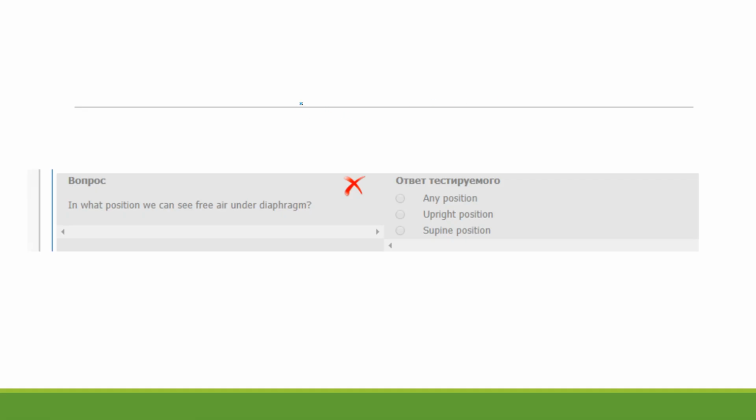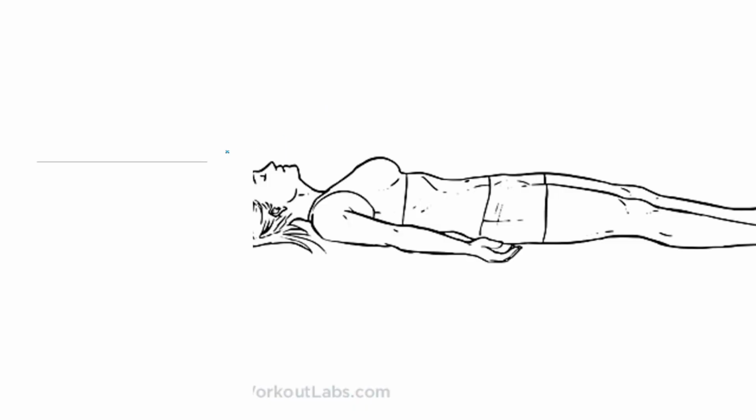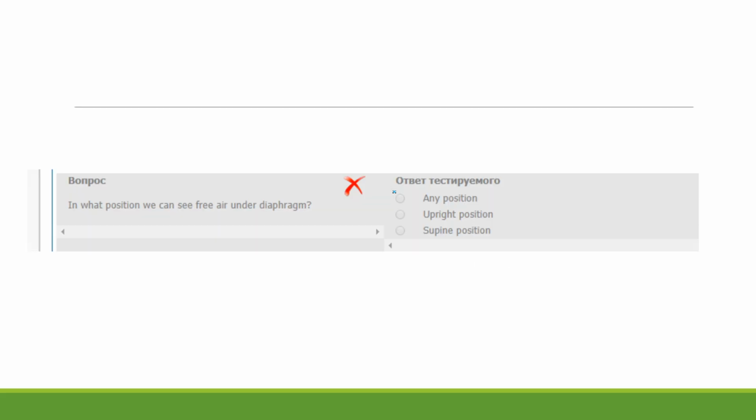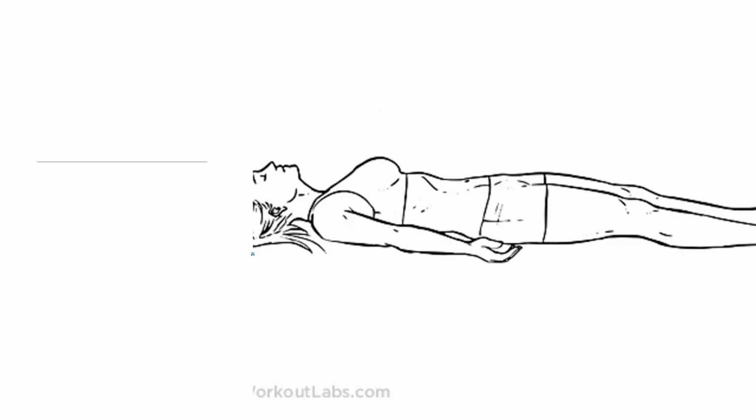Okay. In what position can we see free air under the diaphragm? Look, if we have a supine position, yes, it is a supine position, we will see air under the abdominal wall.